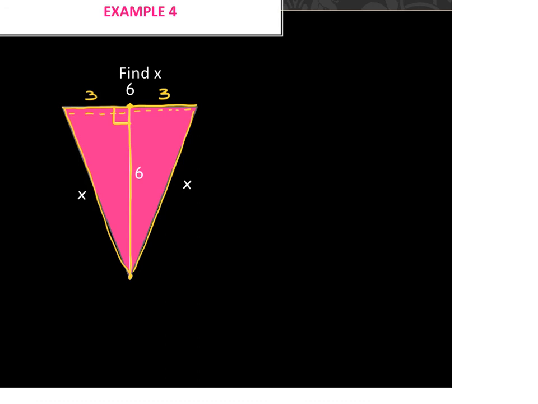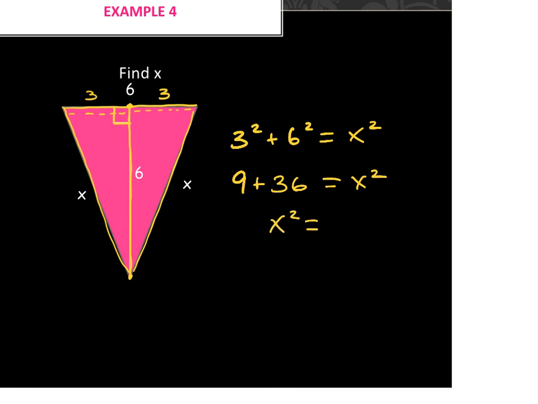Talk to me. Keep going. Alright, so it's going to be a set formula, so it's going to be 3 squared plus 6 squared equals x squared. Then we find the squares, so it'll be 9 plus 36 equals x squared. And then we add them, which is 45. And then x equals the square root of 45.